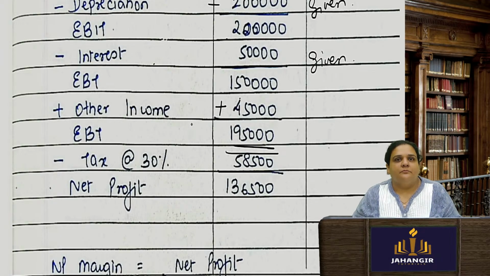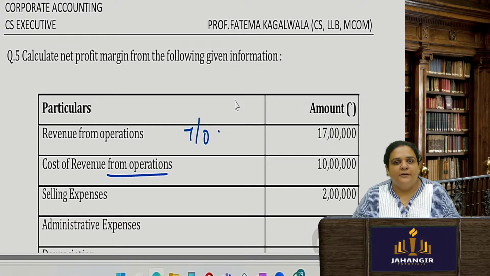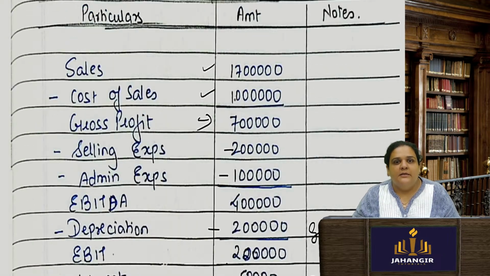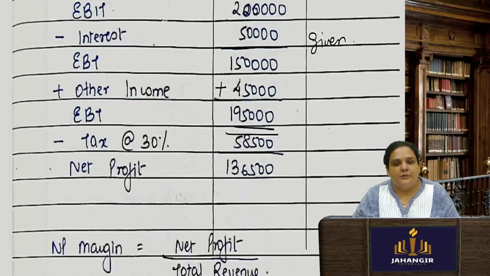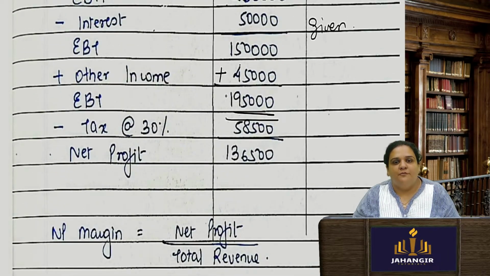Okay. So your net profit margin is what? Net profit upon your total revenue. So your net profit includes this profit 50,000, so your revenue will also include this 45,000.